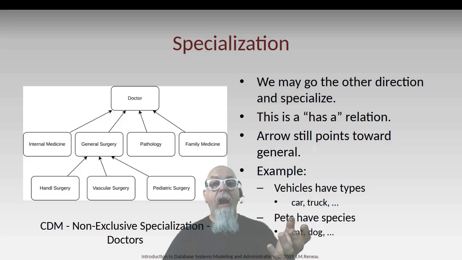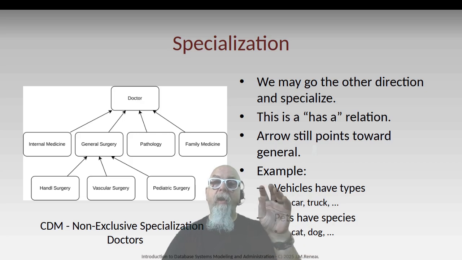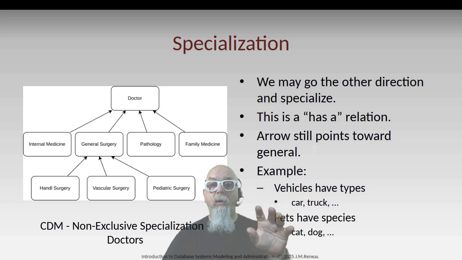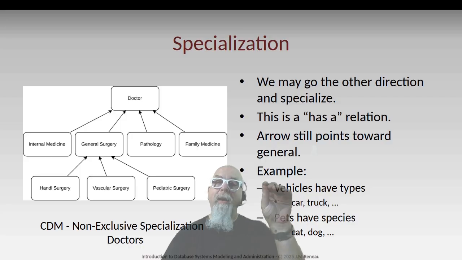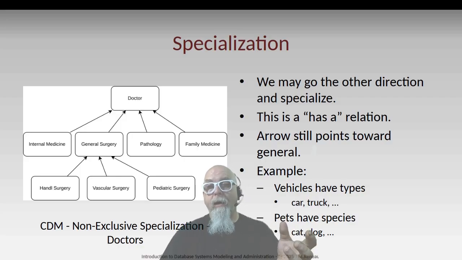So a doctor has a specialty, and then even for general surgery, there could be a subspecialty of hand surgeon or vascular surgeon or pediatric surgeon. So the arrow goes from the general to the more specific. It's drawn the same way and it works the same way, but this is called a specialization.